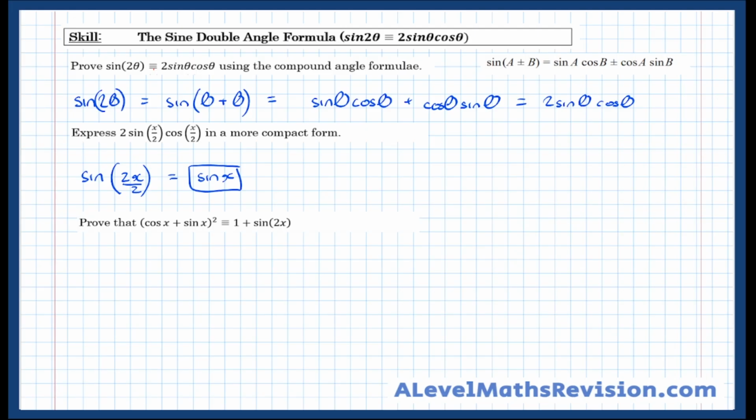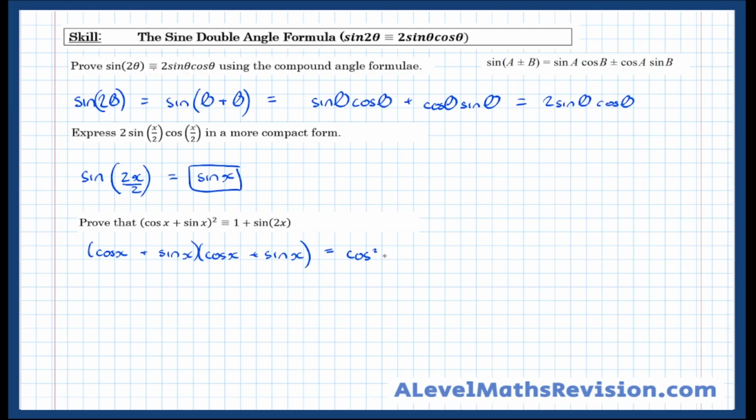So let's start with the left hand side, as we always do in a proof. The only thing we can really do with this is to multiply it out. And with these proofs, there's sometimes just a little bit of hit and hope, because it's not always going to be entirely obvious what you have to do. Just do something and hope that it's right. So I'm doing the only thing I can and multiplying the brackets out.